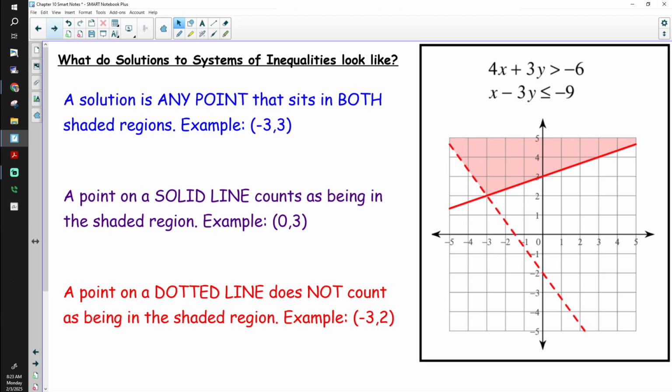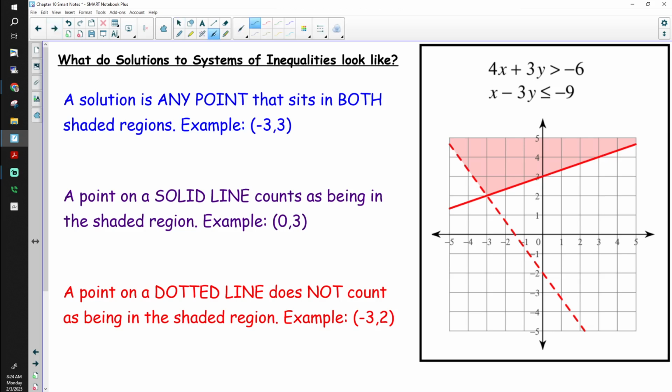Okay? So that's why we're going to use two different colors when we graph these. You're going to shade in one color, shade in the other color, and where those two shaded colors overlap, any point there is going to be a solution. Okay? So a solution is any point that's in both shaded regions.